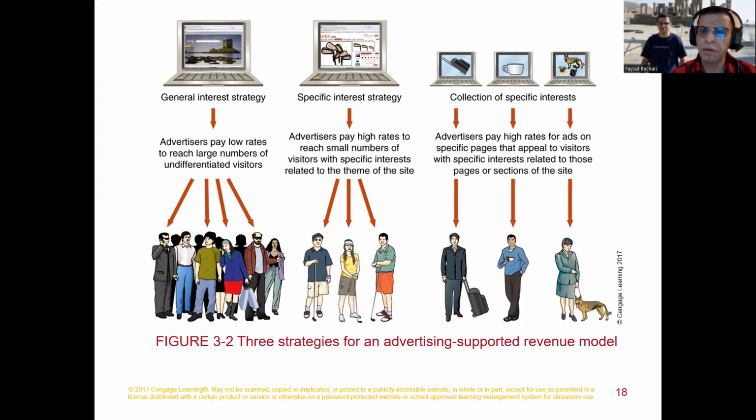And then you have one-to-one advertisement, customized for each. When you open Google or Yahoo, you would see general banners and then specific banners. It depends on where you've been, which sites you've been searching, or information that they collected from you.